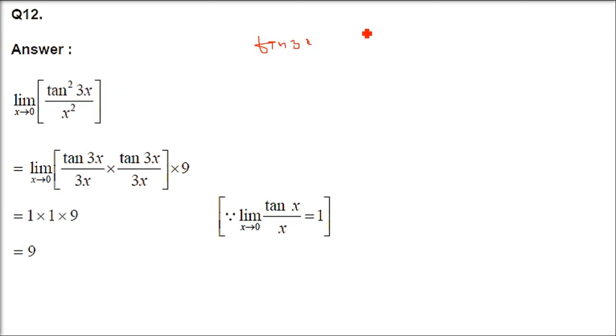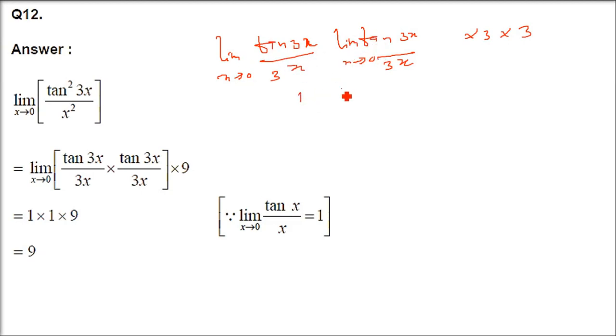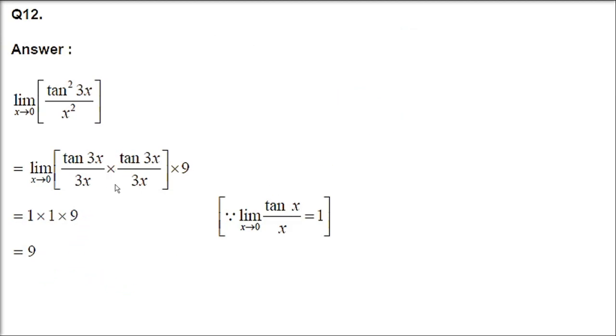You can write tan 3x and tan 3x divided by x, x square I'm writing as x into x. So tan 3x by 3x, and tan 3x by, again you have to put 3. We have 3 for one, 3 for another one. 3 into 3 will come in the numerator. So when you apply limit x tends to 0, tan 3x by 3x, tan theta by theta is 1. Second one is also 1, and 3 into 3 is 9. So 9 is going to be the final answer.